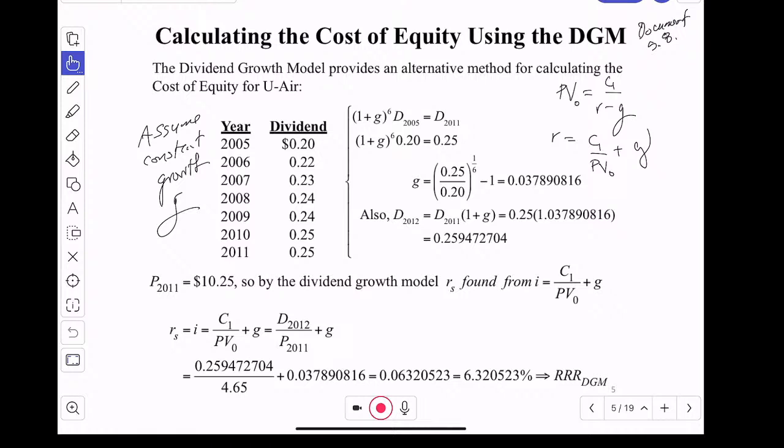What we're going to do is find the G we need for our formula.